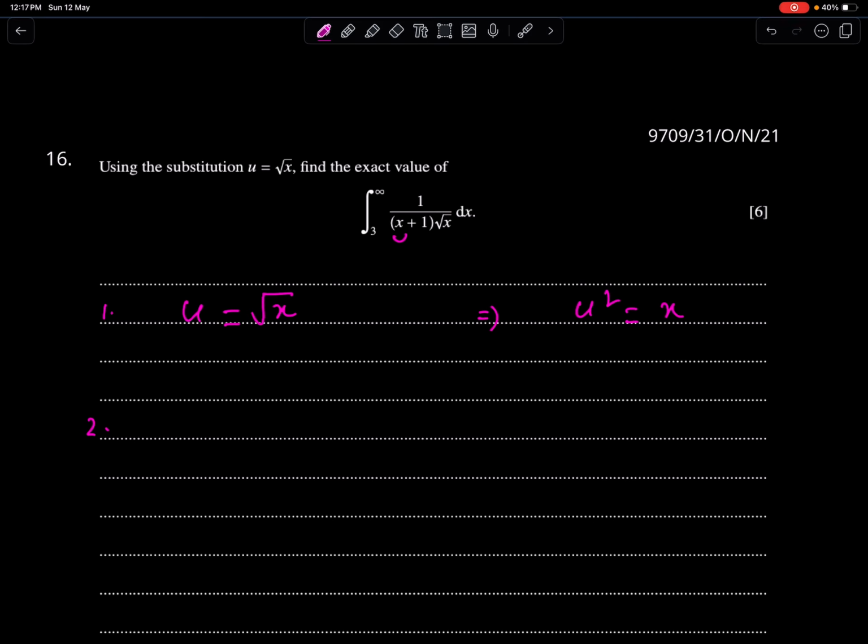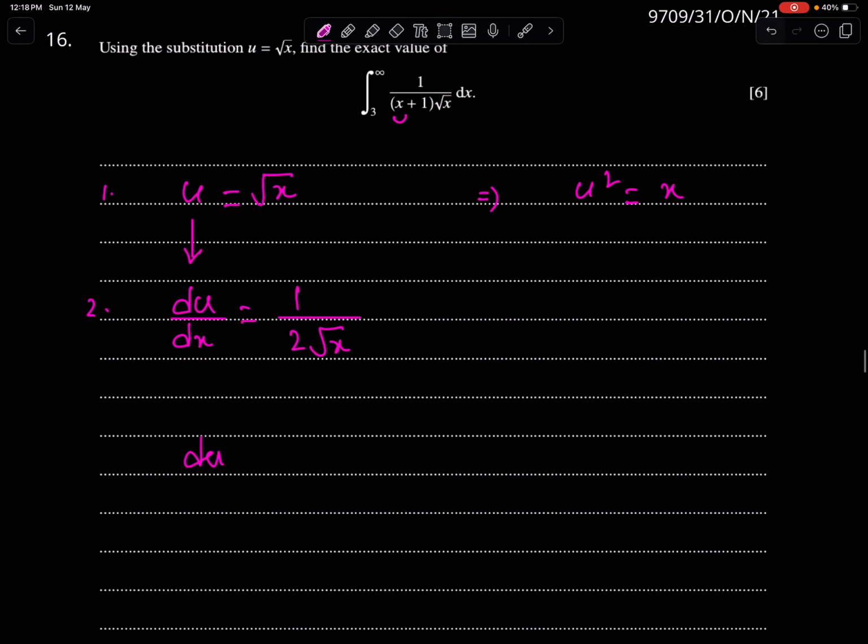Number two, we have to find dx. For that, we need to differentiate the given substitution. Make sure you always differentiate the given substitution for dx. 1 upon 2 root x. Therefore, dx.